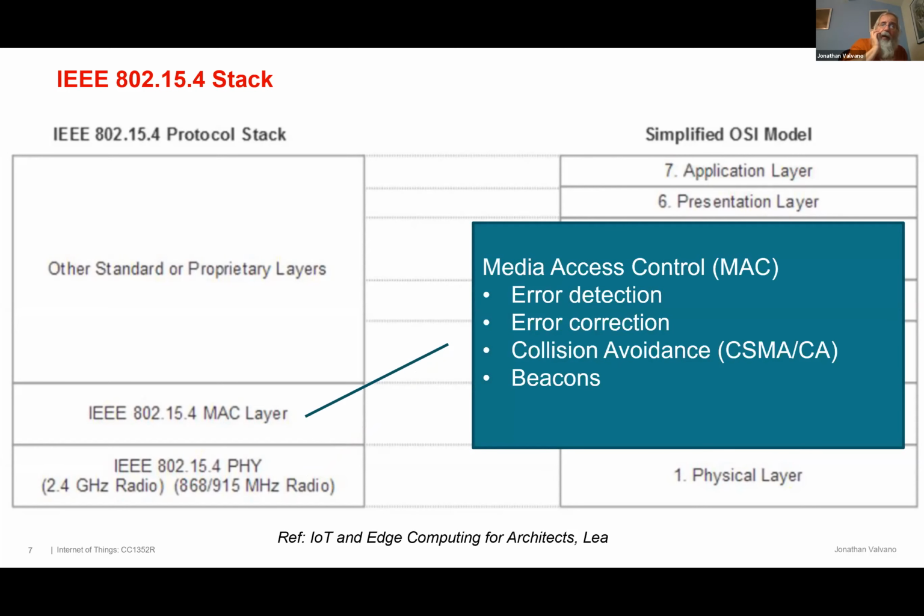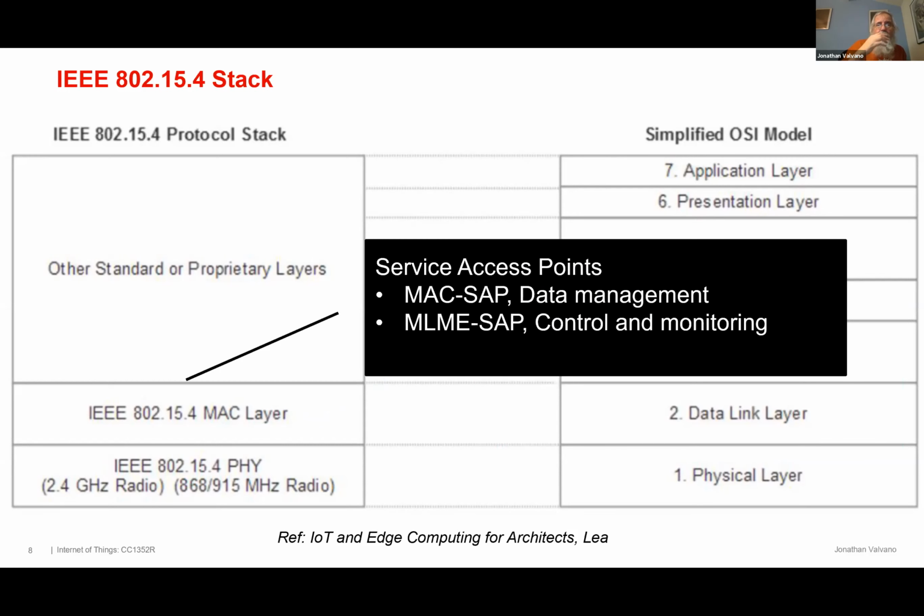In the MAC layer is where it will look for error detection, and if you can correct it. And this is where the collision avoidance algorithm we just talked about lives. And we'll see beacons. Beacons are a way to create the networks, to create the connections. The point of layers is there is an application programmer interface, a set of software functions that can be called.